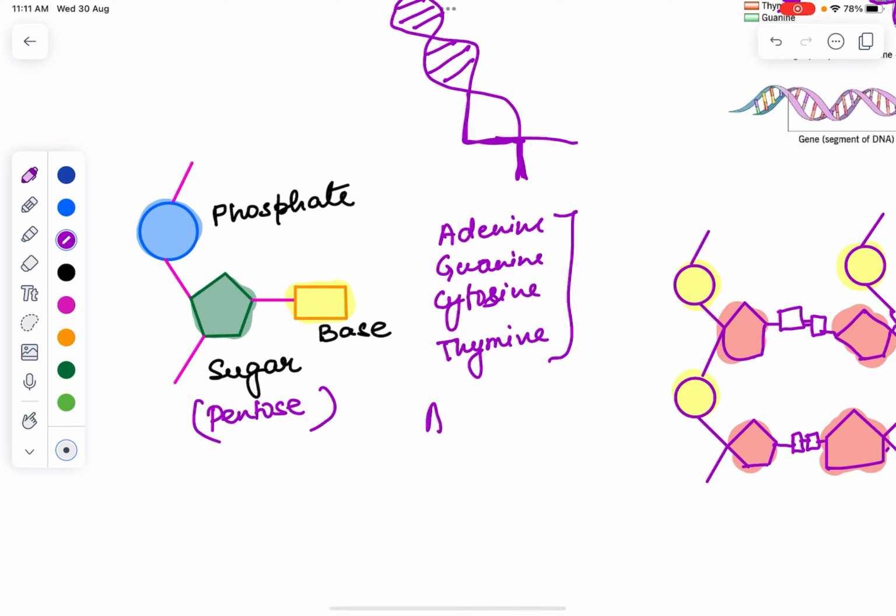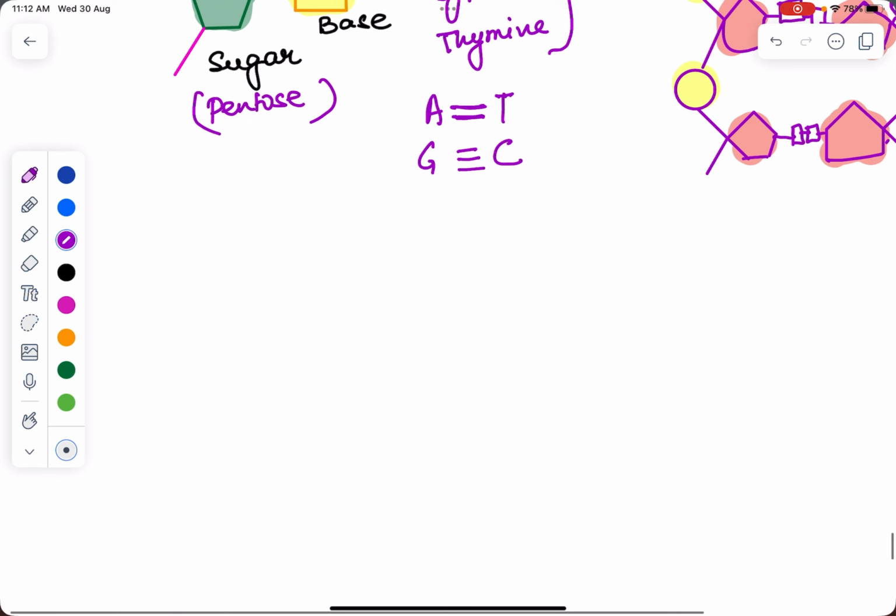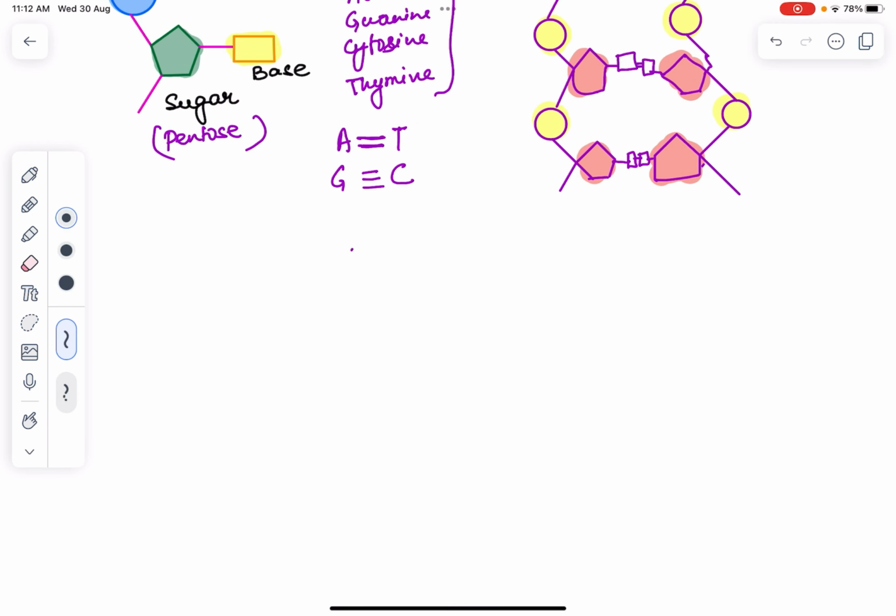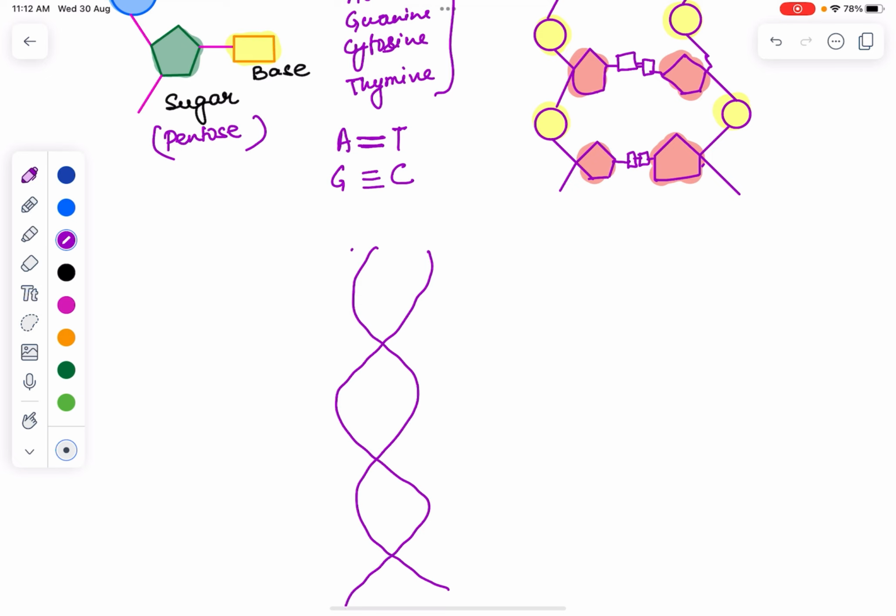So adenine will bind with thymine, there will be two hydrogen bonds between adenine and thymine, and between guanine and cytosine there will be 3 hydrogen bonds. So here it will form like this. Adenine with thymine, and there will be 2 hydrogen bonds between them.